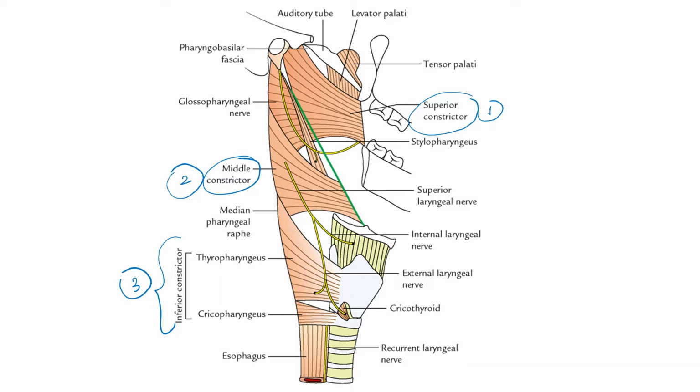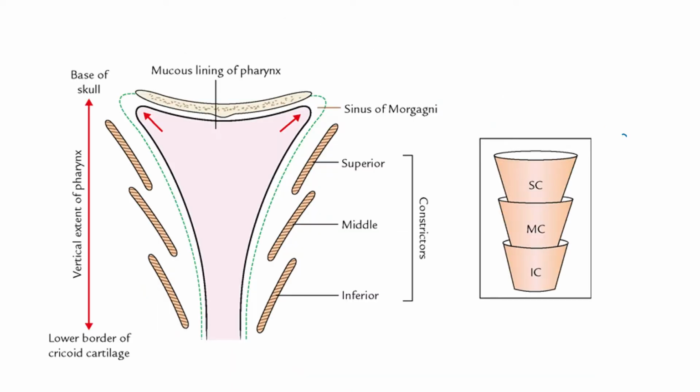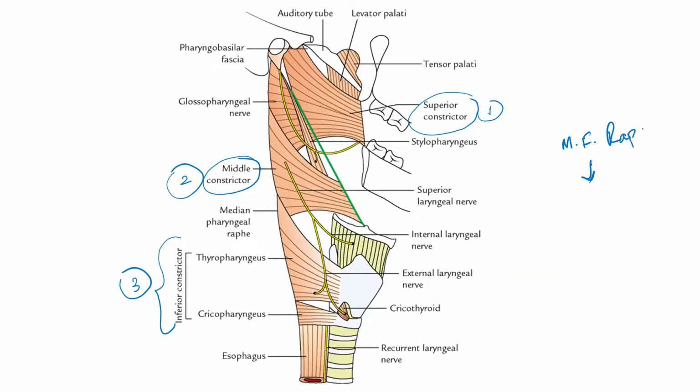This median fibrous raphe extends from the pharyngeal tubercle, which is present at the base of the skull, that is the basi-occiput, to the pharyngoesophageal junction.